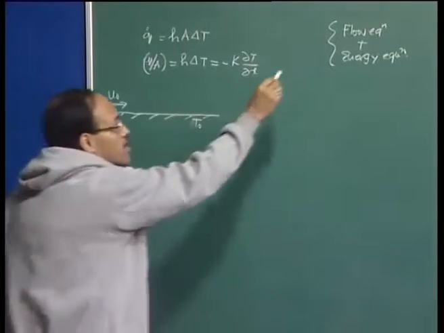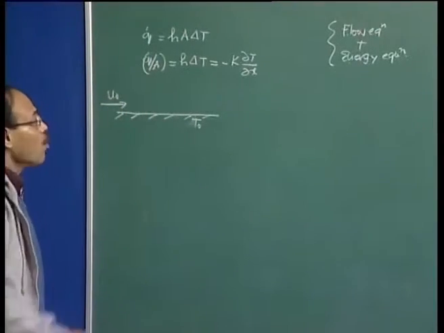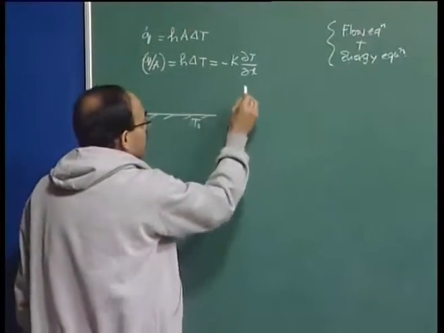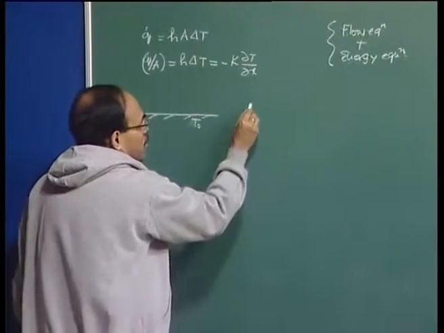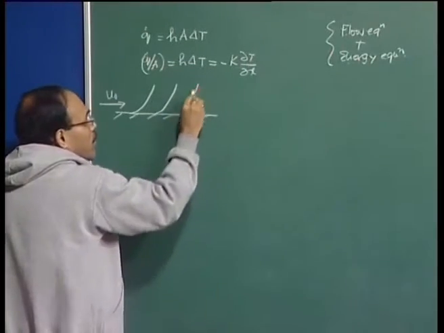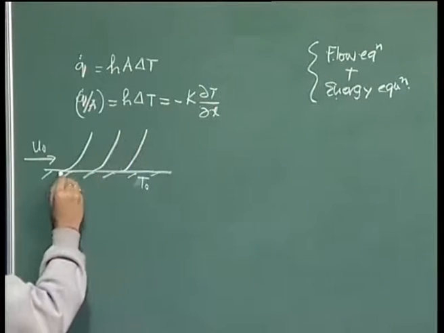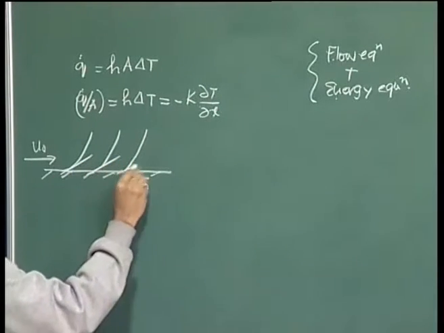Then by solving these equations applicable to this simplified boundary layer flow, one can calculate the temperature profile. So, at every point you can calculate the temperature profile, and then based on these temperature profiles you should be able to find out what is the slope of the line.